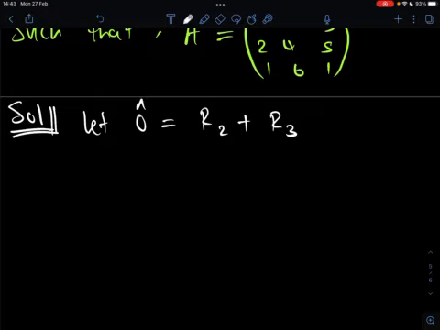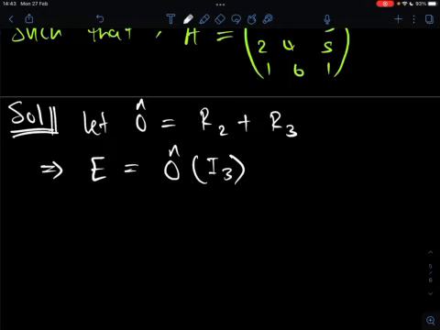To create an elementary matrix, we have to apply this on an identity matrix. We're going to call this elementary matrix E. And how do we get E? We take this operation and apply it on I3.